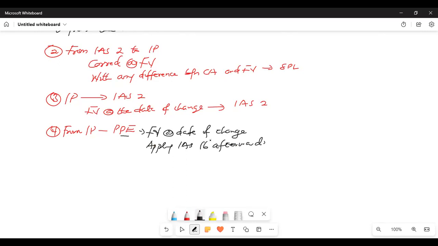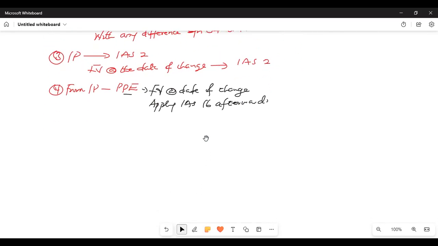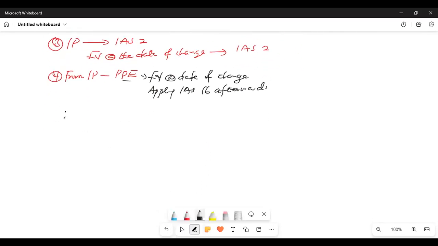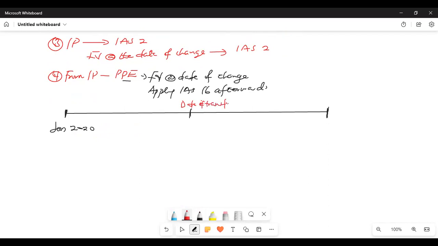So basically that is that. What we are trying to say is, let's say this is January 2020, and let me shift this thing like this. And this date is the date of transfer, let's say July 2020.